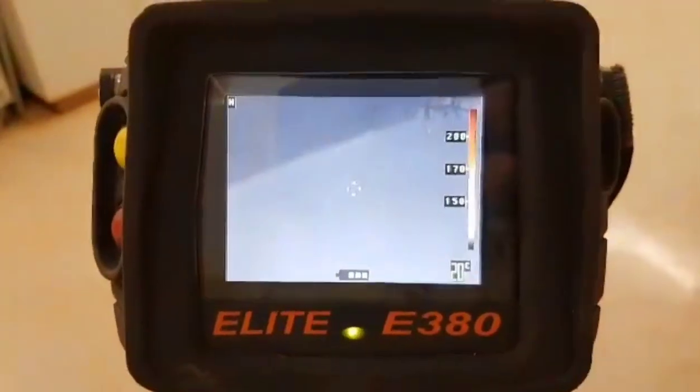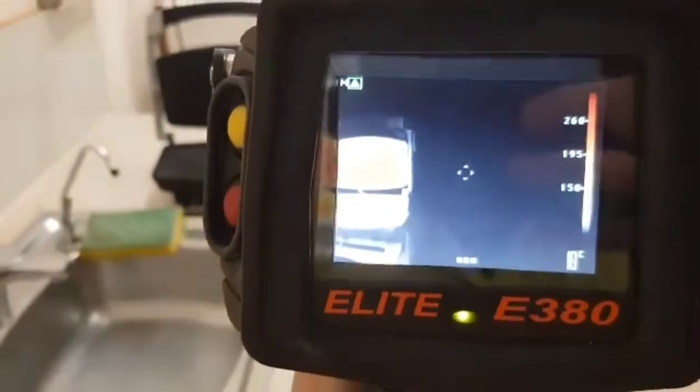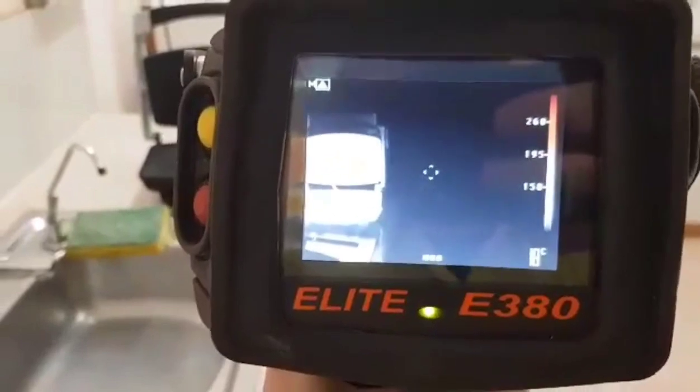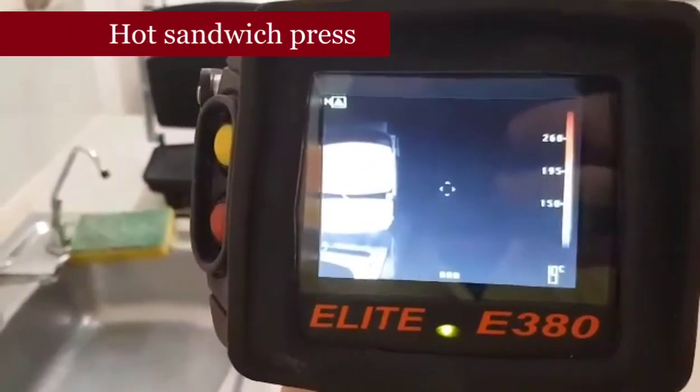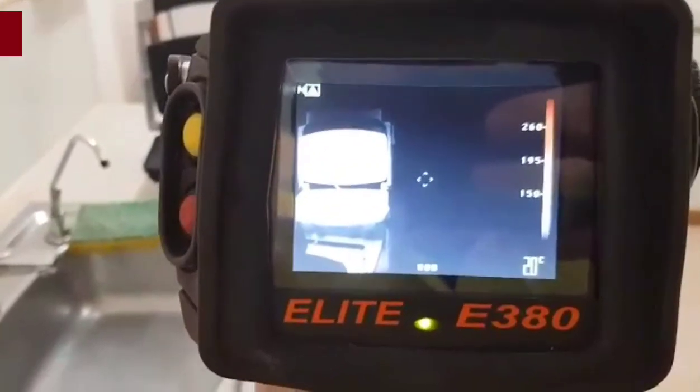At the moment, we can see that this camera is in high sensitivity mode. As we change the temperatures within its field of vision, you'll see the camera now change to a medium sensitivity mode, which changes what the colours on the right hand side represent.